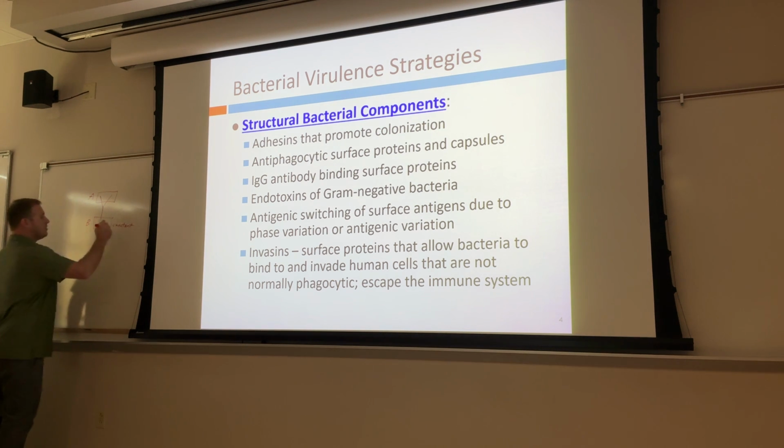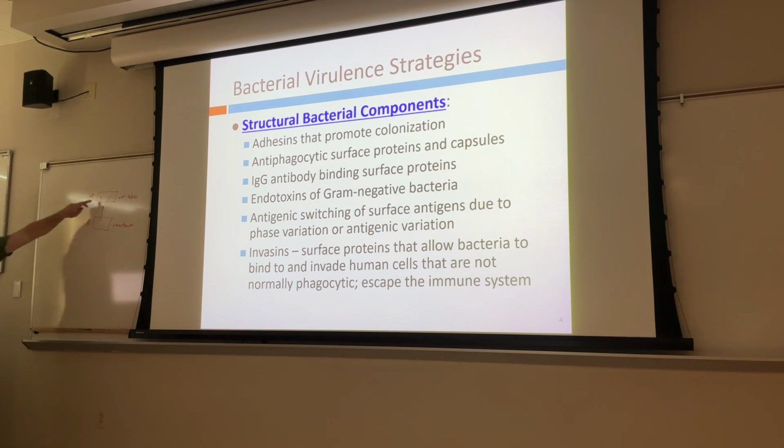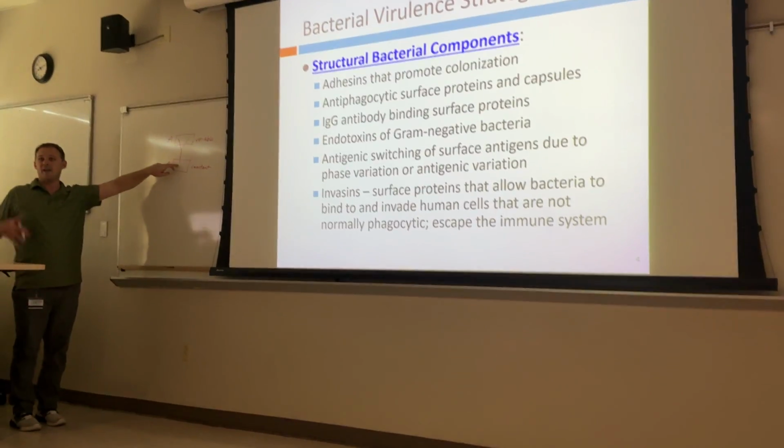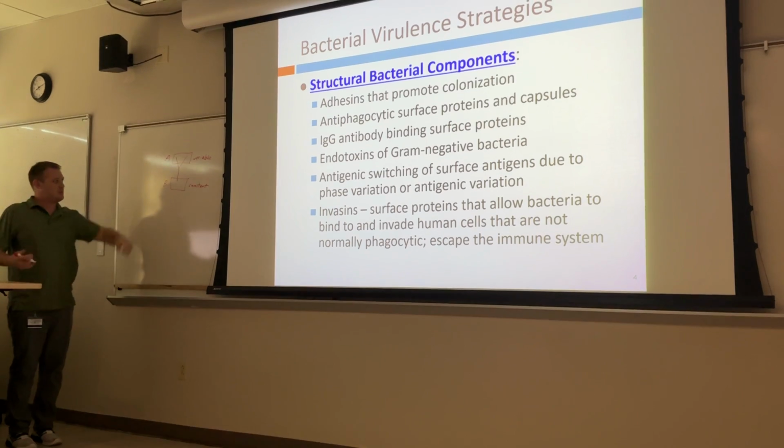Which one's your variable region? A, right? So this is where things that are foreign are supposed to be recognized, right? And this is recognized by some white blood cells that have a constant region receptor called an Fc receptor.